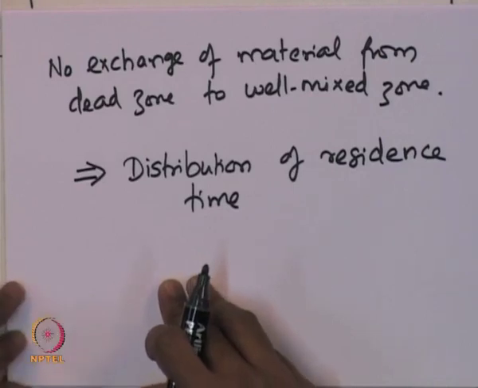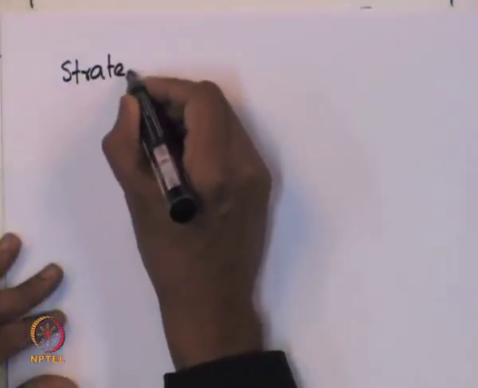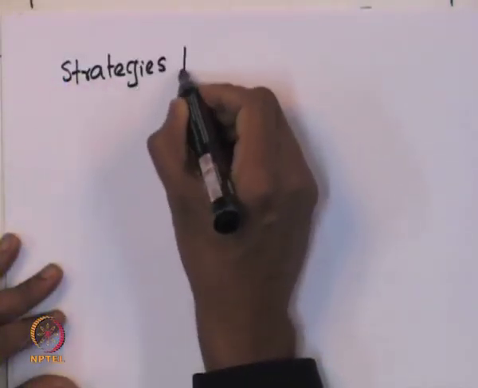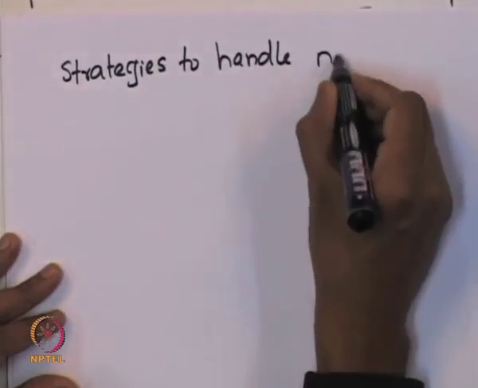So, all these three examples are a good motivation to think that there is a requirement for strategies to handle non-ideal behavior.